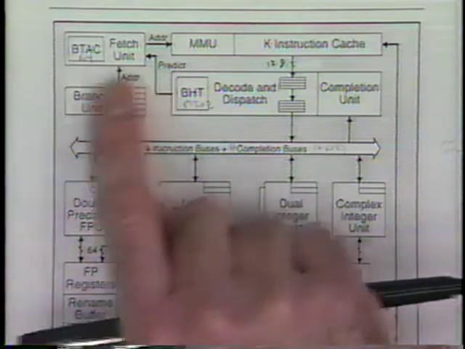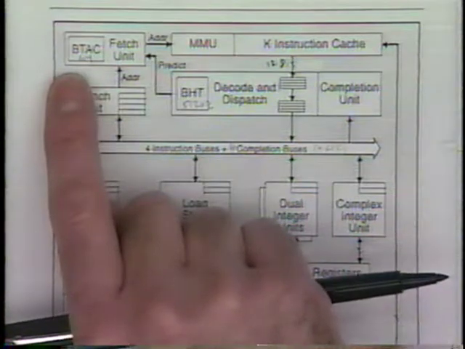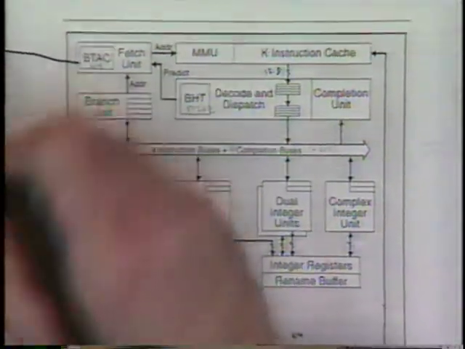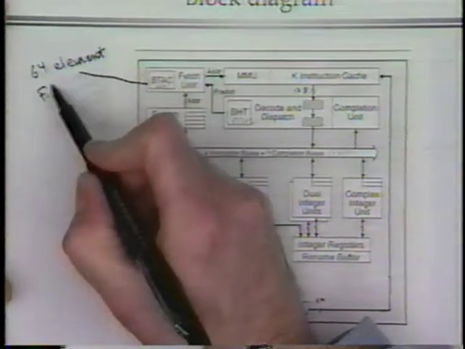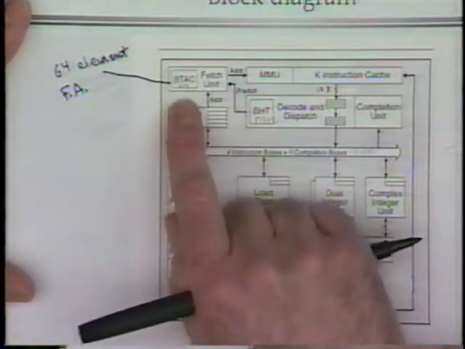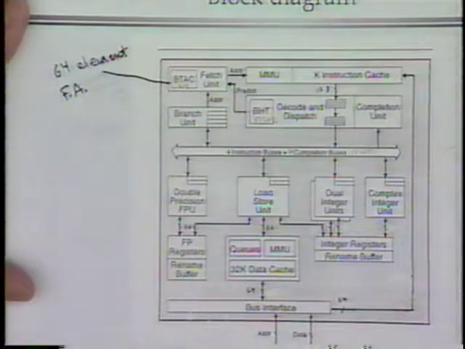And if it was, then they have recorded the quad word of the next instruction to fetch. In fact, this branch target address cache is a 64 element cache, which is fully associative, and we'll talk later about what that means, but that means that any saved branch can go anywhere in this unit. There's no conflicts between different places that things might be able to go.